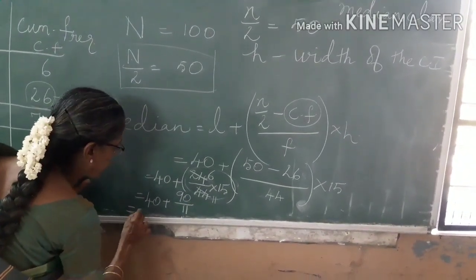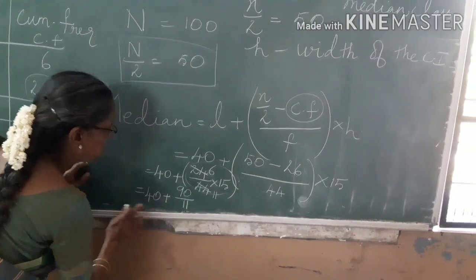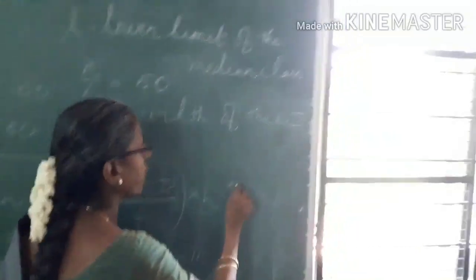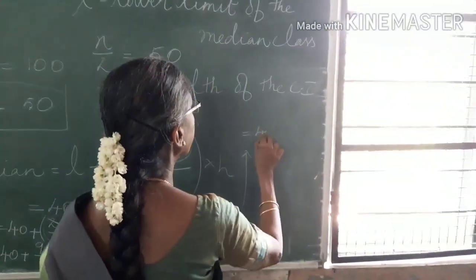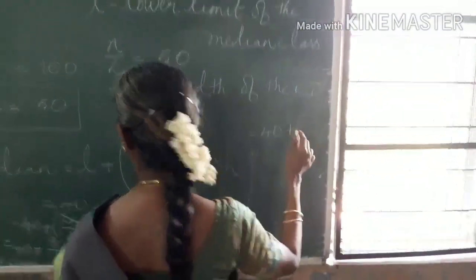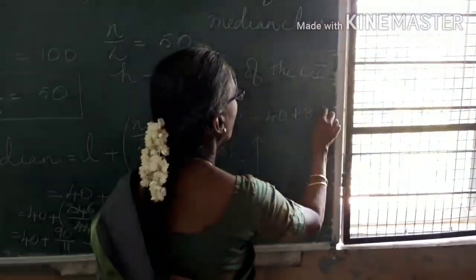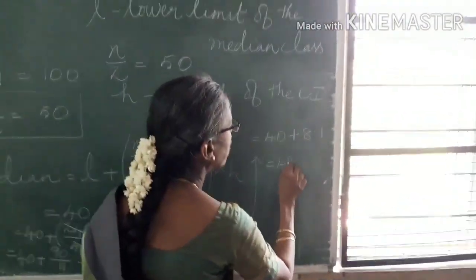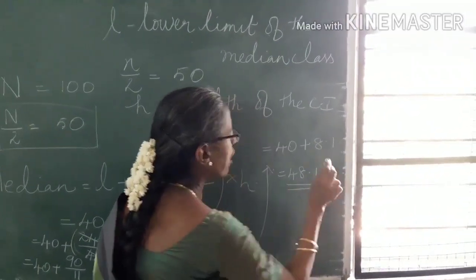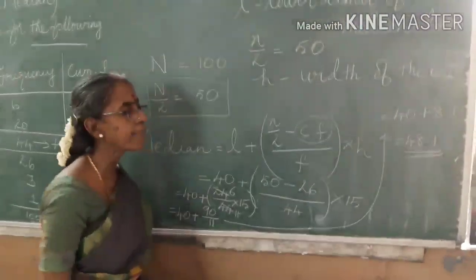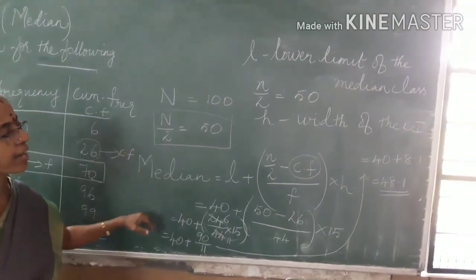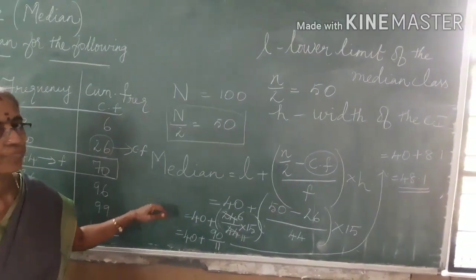So what will you get? 40 plus 90 by 11, which is 8.1. So 48.1 will be your median. Is it clear? If you have any doubt, you can clarify in the chat.